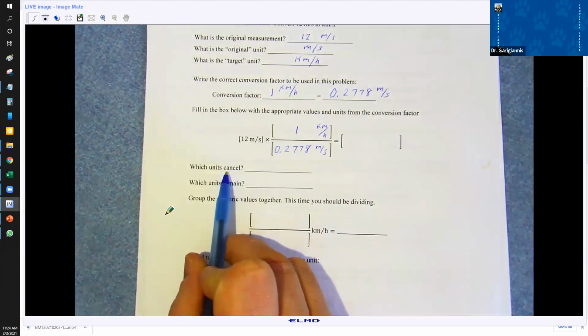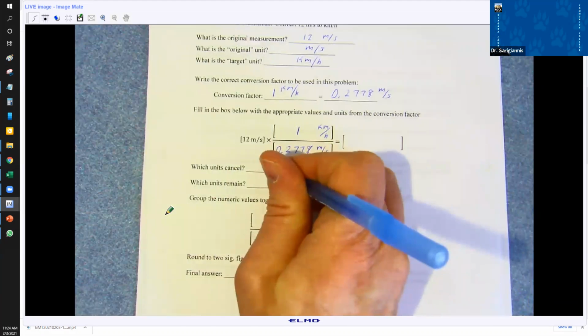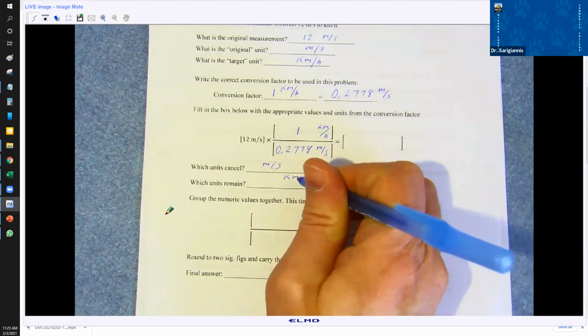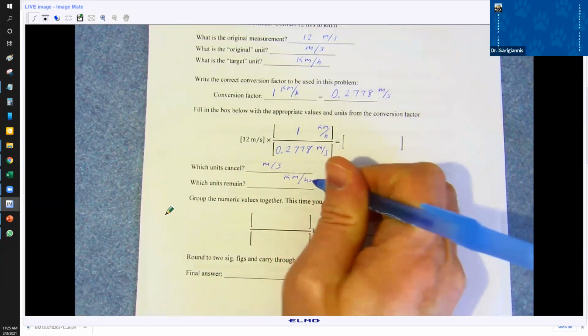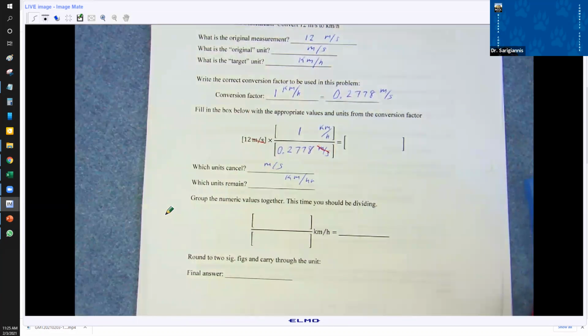So which units cancel, right? The units that cancel are the meters per second. And the units that remain are the kilometers per hour. All right, so we're going to cancel these out. Meters per second cancel and the kilometers per hour stay. So notice here the kilometers per hour remain, and we're going to pull them outside.